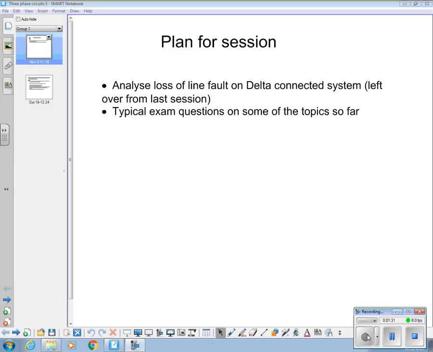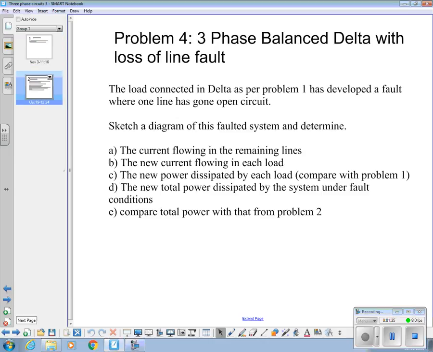So, at the end of last time, we left you with that, which I changed the order of a little bit because I had the practical rig set up for star, so we jumped to the star system. And actually the star problem is slightly easier to deal with anyway than this one. So load connected in delta as per problem 1.